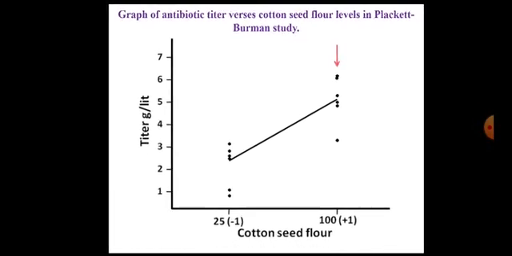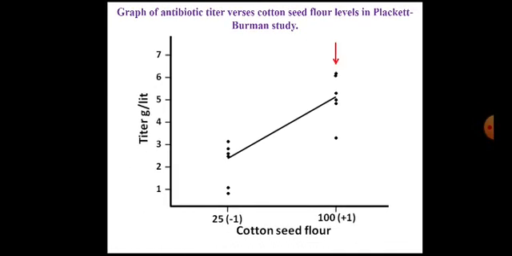When these two mean values are joined together, it will give you a straight line having a specific slope, either increasing or decreasing.